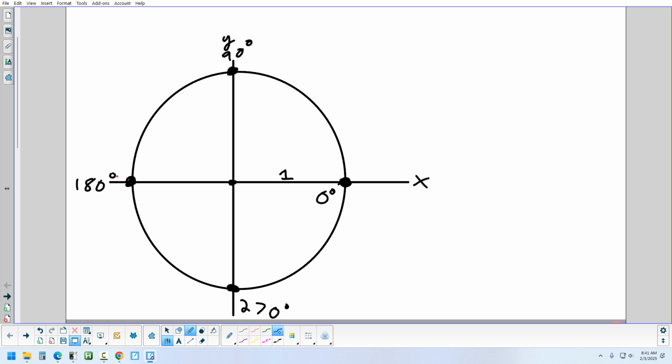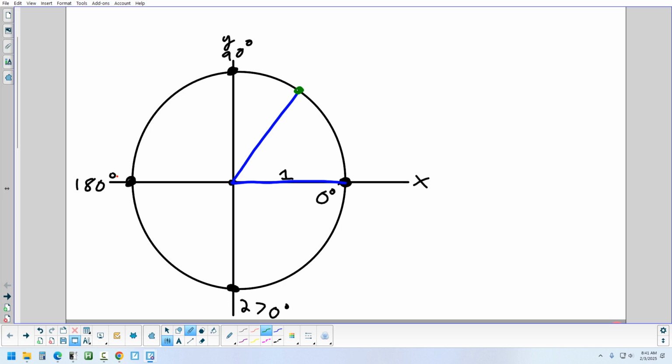Begins with a T. Terminal, yep, very good. So, initial, always going to look something like that. Terminal, let's say it goes like that. When you draw that terminal side, it hits the edge of the circle somewhere.